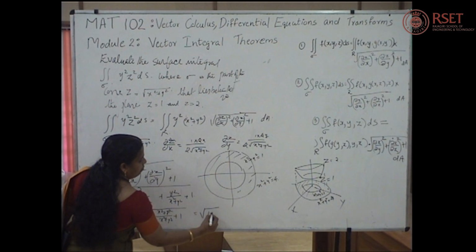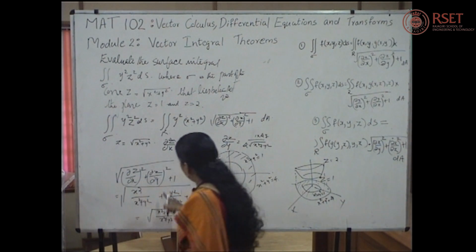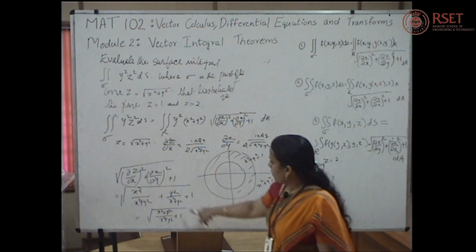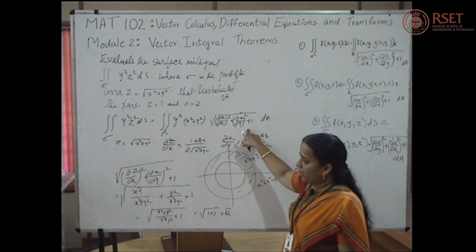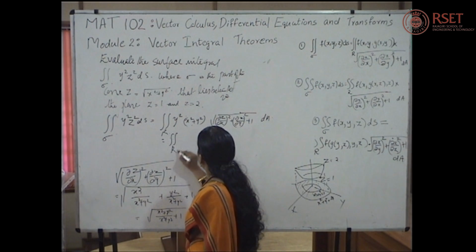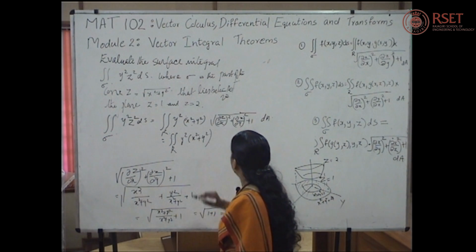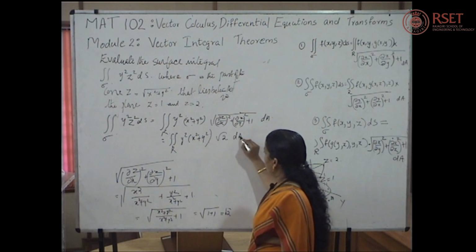That is, the square root of 1 + 1 equals root 2. Now substitute this value, the square root of (∂z/∂x)² + (∂z/∂y)² + 1, in the integral. We get the integral over R of y² into (x² + y²) into root 2 dA.